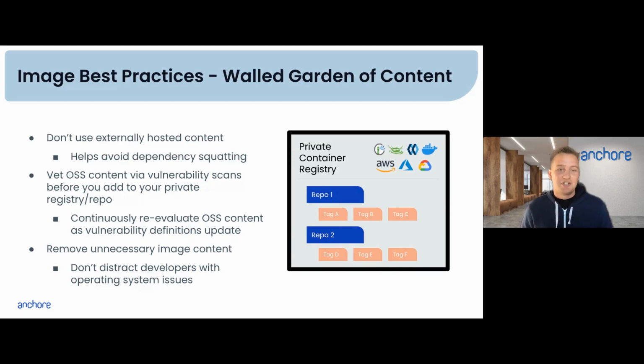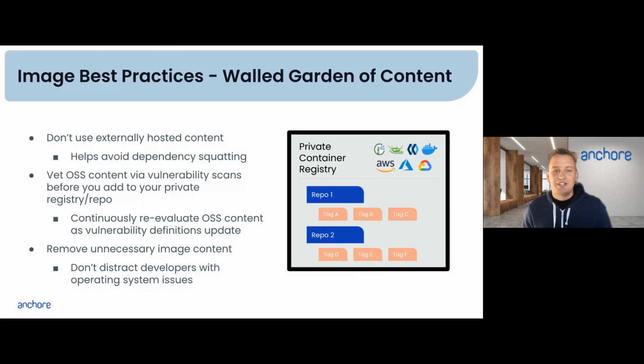That happens quite a bit. You could see developers or nefarious actors go in there and push an impacted package into an upstream hosted repo, and then it gets pulled down and sourced by development teams. So that can be a headache. That helps avoid dependency squatting.